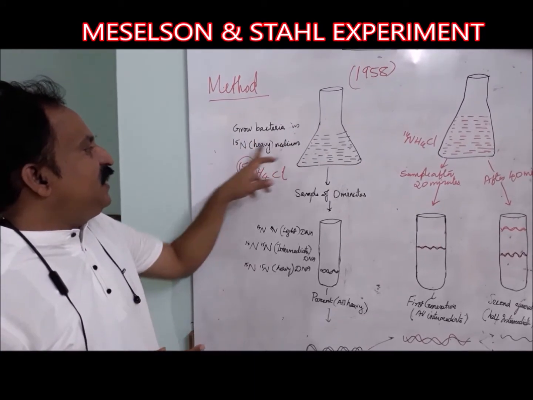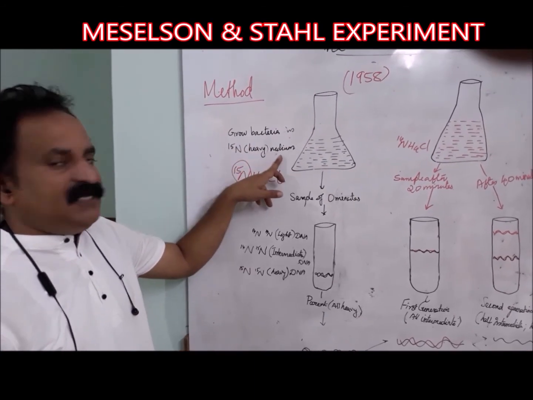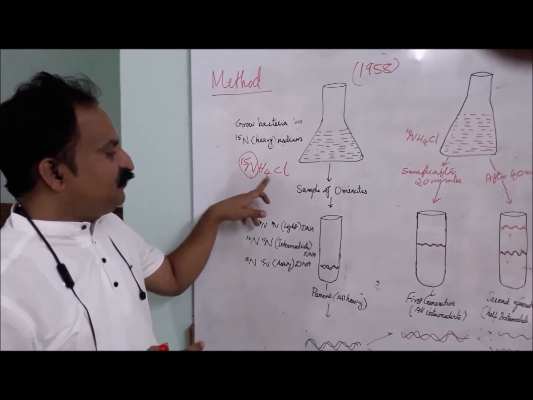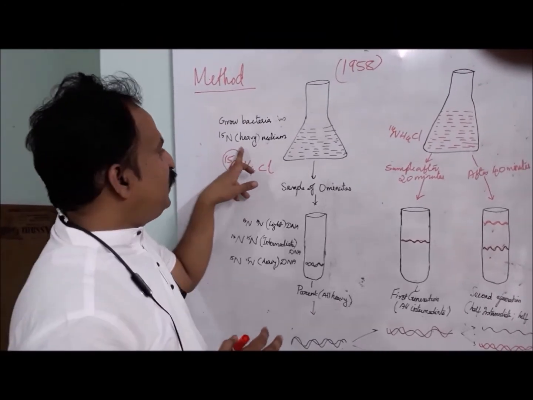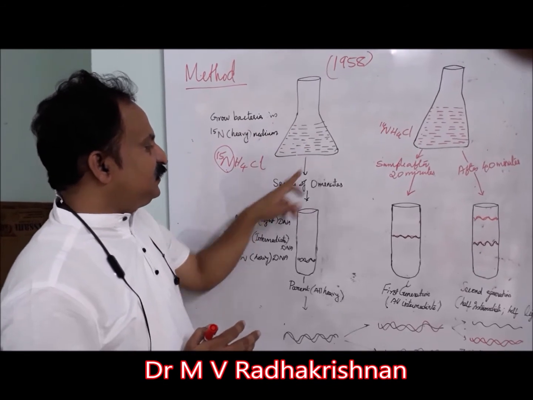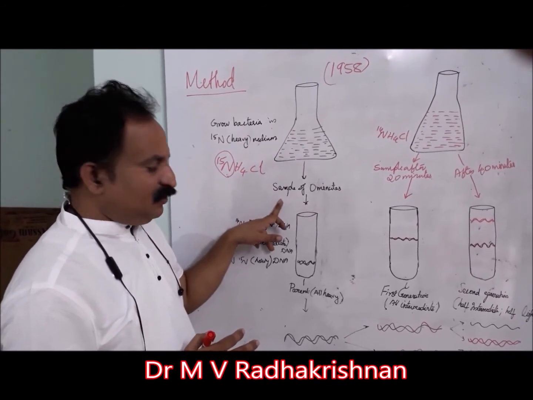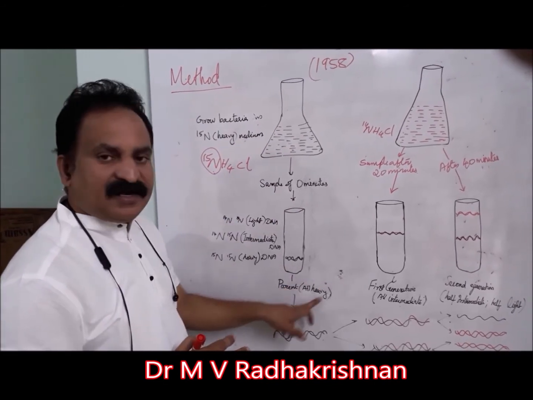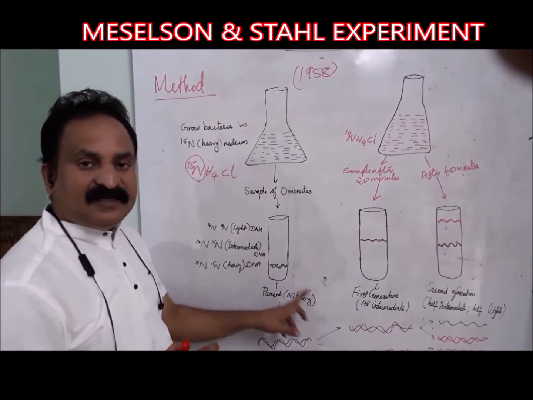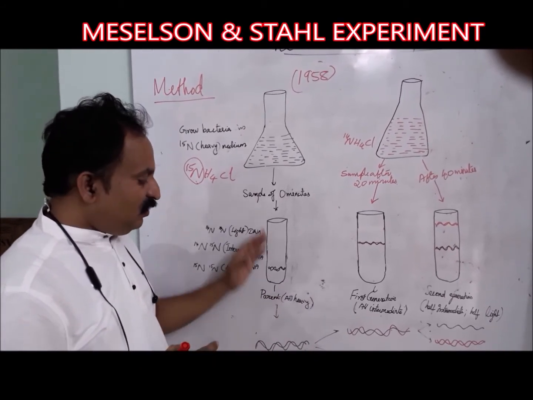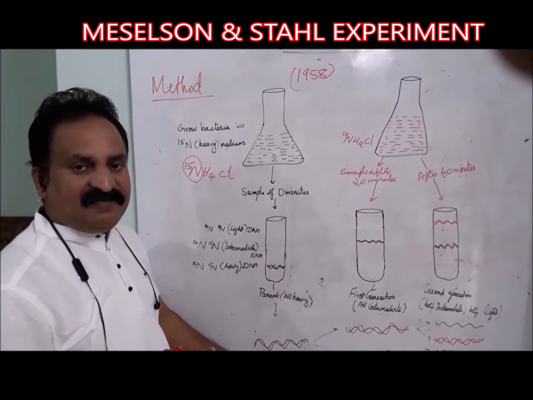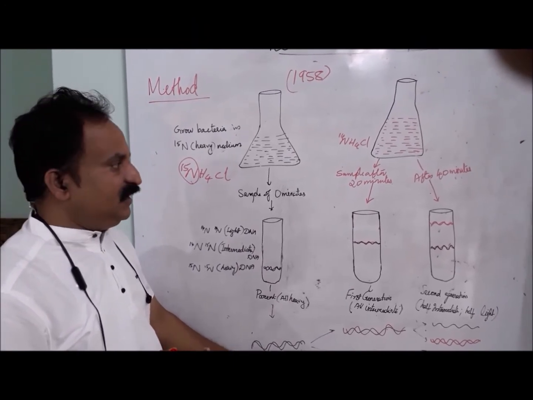They grew bacteria in N15 heavy medium, that means NH4Cl ammonium chloride with heavy nitrogen. Then the sample at 0 minutes showed all heavy chain DNA.